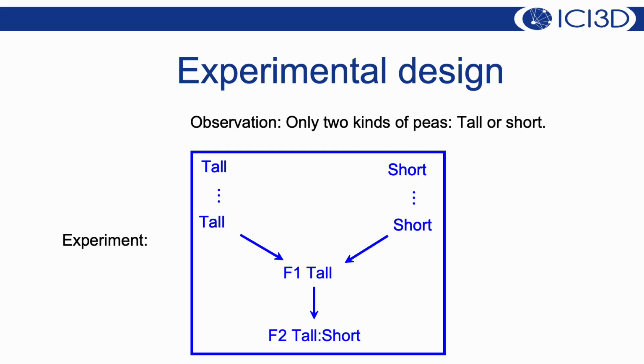You don't get some short and some tall. They're not in the middle. They're just all tall. On the other hand, if you then breed those to the F2, so if you cross these F1s together, you get an F2 generation, and then in fact you get some which are tall and some which are short.